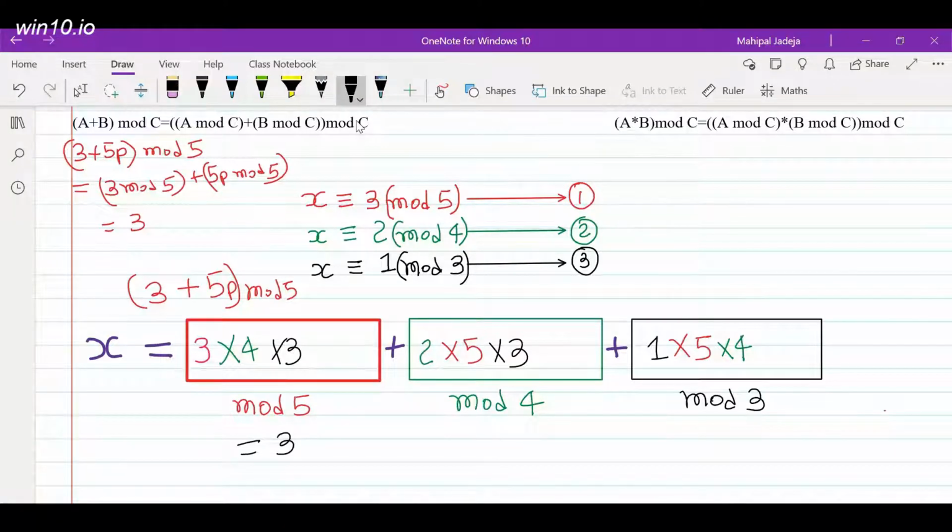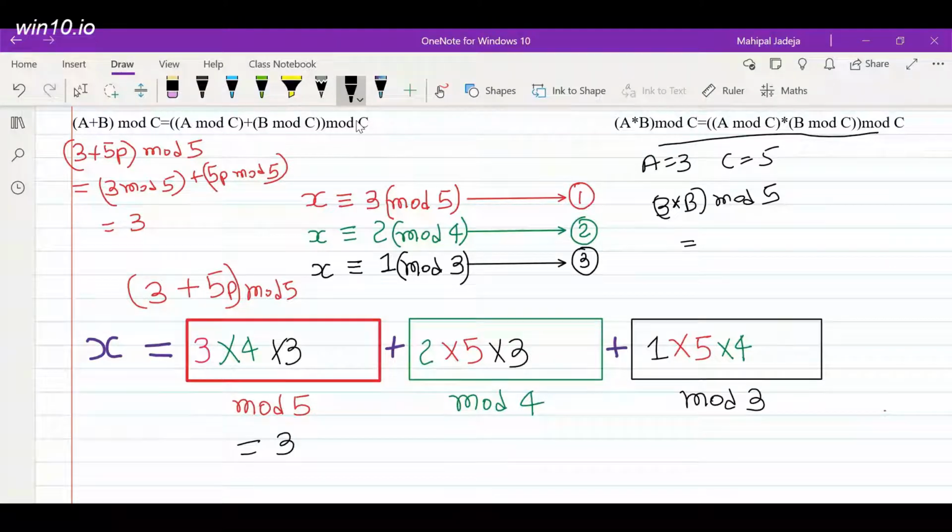Okay, so in order to do so, I will use this particular equation. So what is the idea of this equation? Let's say the value of a is 3 and the value of c is 5. Then basically I am talking about 3 into b mod 5. If I talk about simplification, it will be like this: 3 mod 5 times b mod 5, all mod 5.